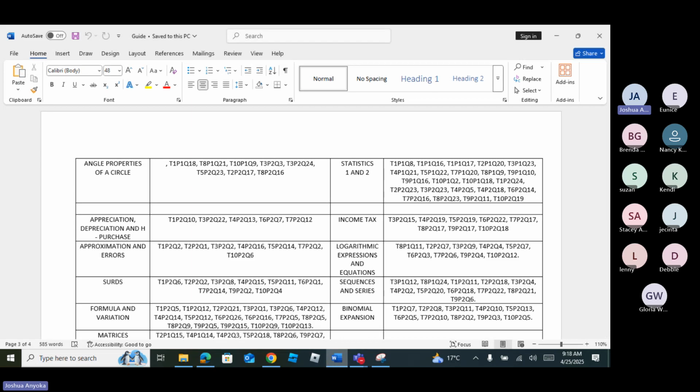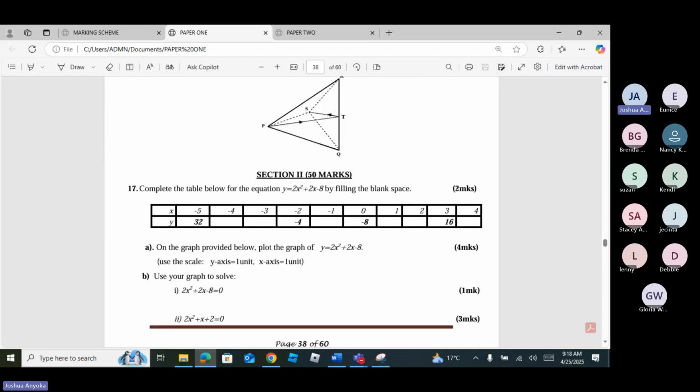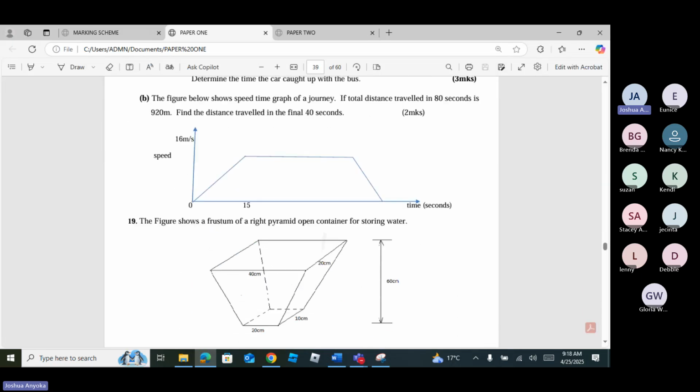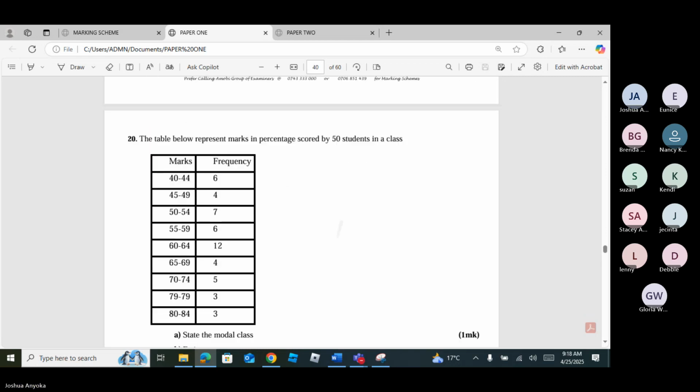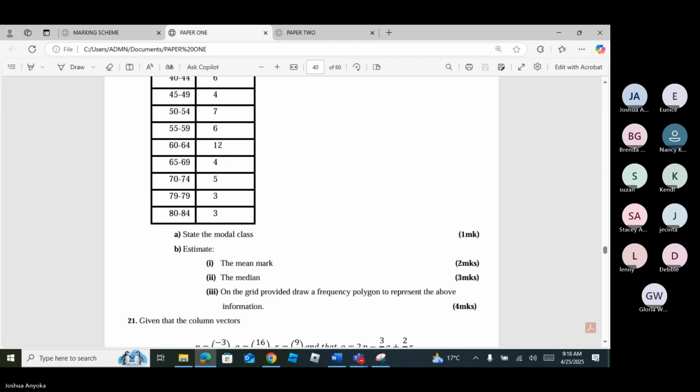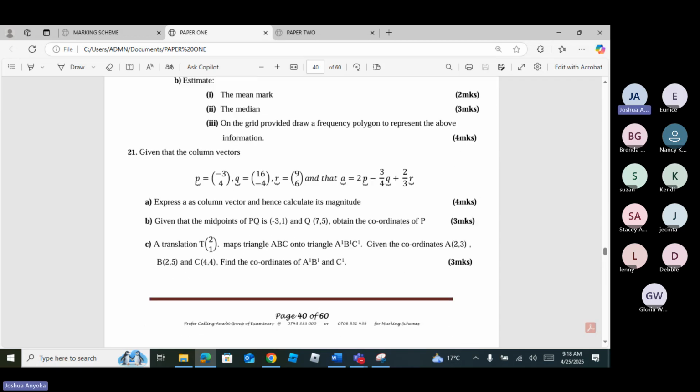Trial paper 720. Still it is a frequency polygon.